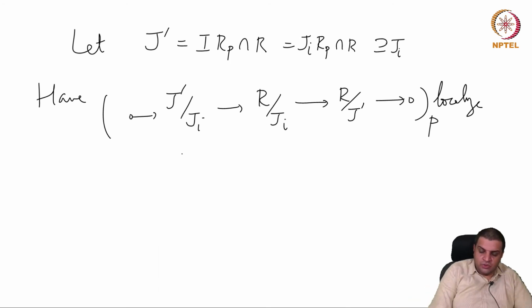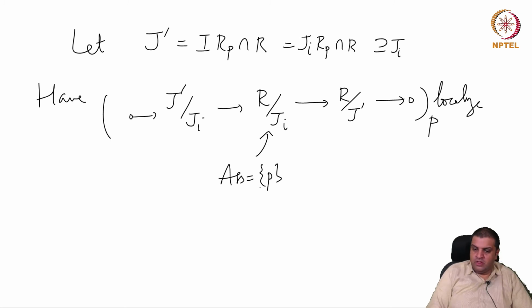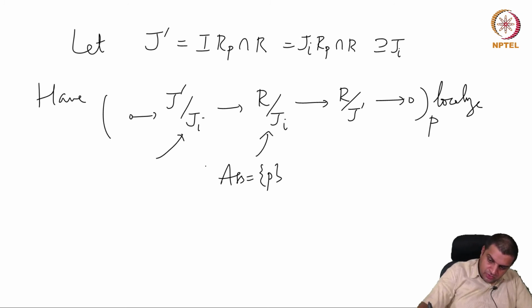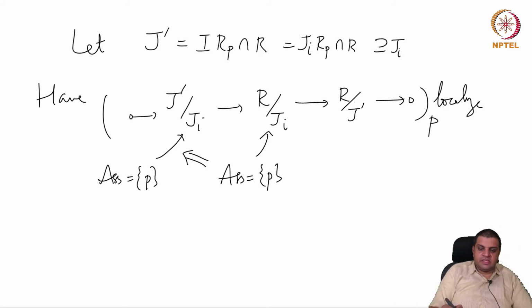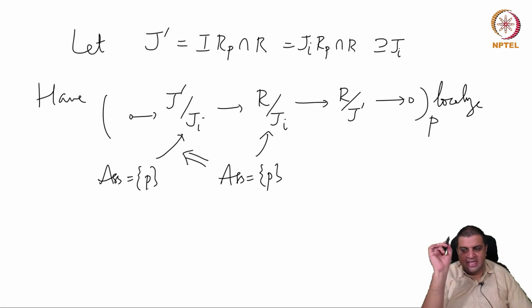Okay. So first of all, what do we know? What are the associated primes of this? Associated primes of this is just P, which means that from this we get that associated primes is also just P. So we want to prove that Ji is equal to J prime.